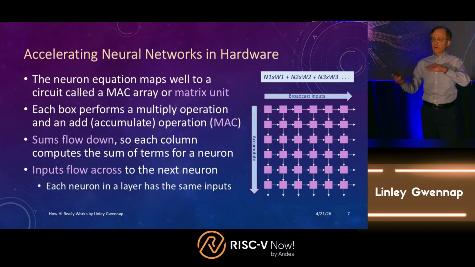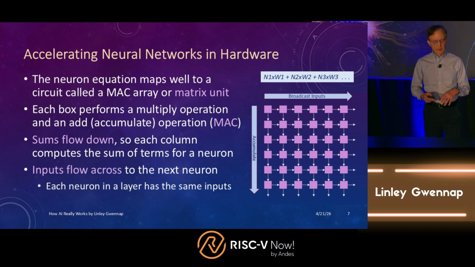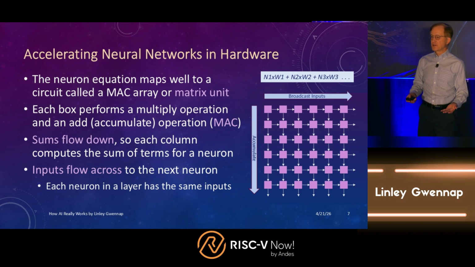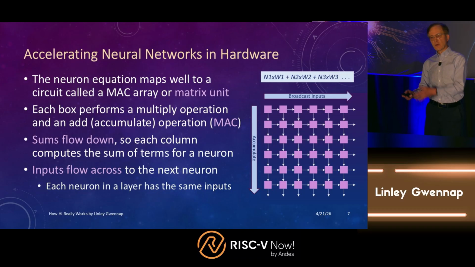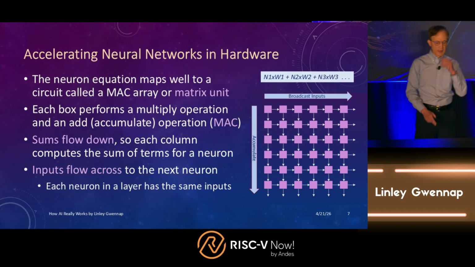So when you start trying to perform these neural networks in a chip, and you're looking at doing trillions of computations, it's going to take forever to do that in a normal CPU, where you have to fetch an instruction and do a multiply, and fetch another instruction and do another multiply.